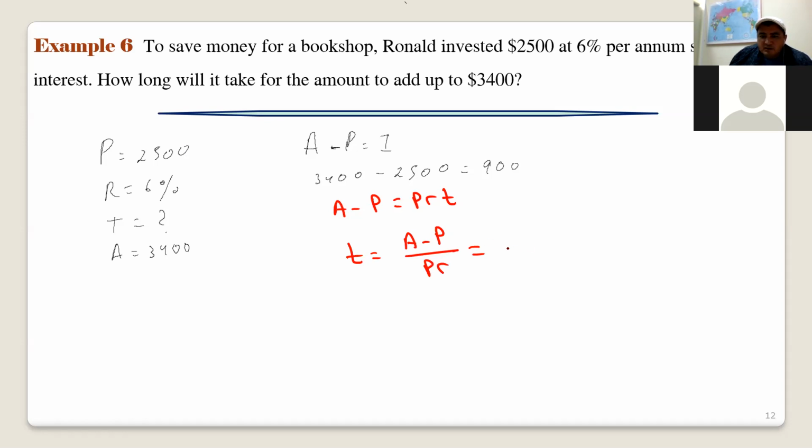Now substitute the values and evaluate. That shows your work very clearly. I can see how you're solving this question.